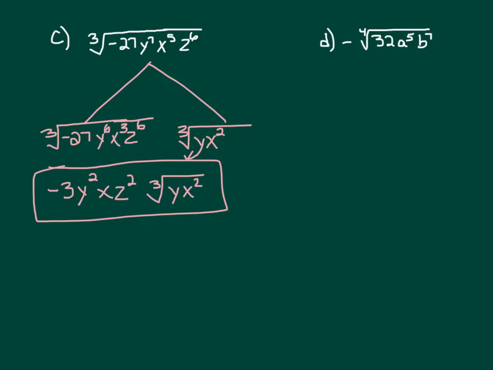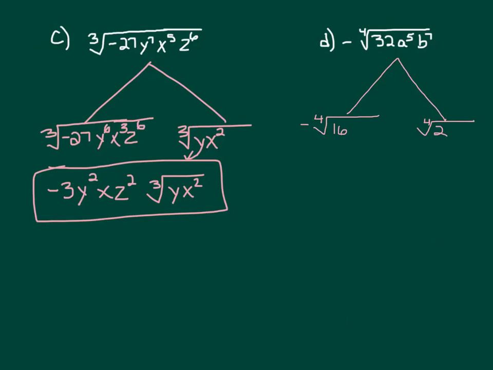D is the fourth root of 32a to the 5th, b to the 7th. So again, I'm breaking this up so that I have any perfect fourths, and then the right side are the ones that are not perfect fourths. So 32 is 16 times 2, and remember you're looking at your list of perfect fourths.